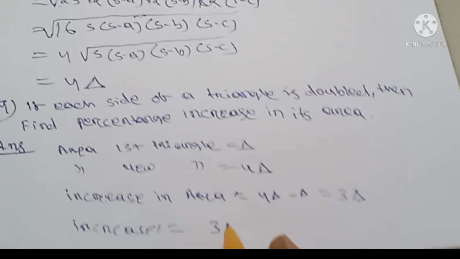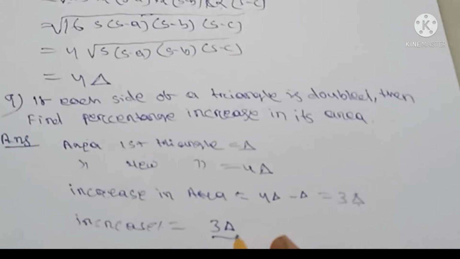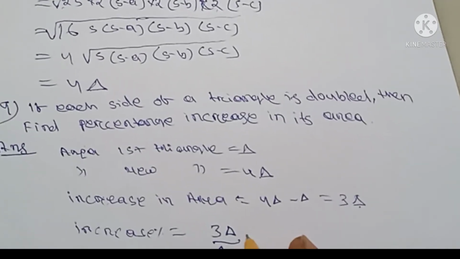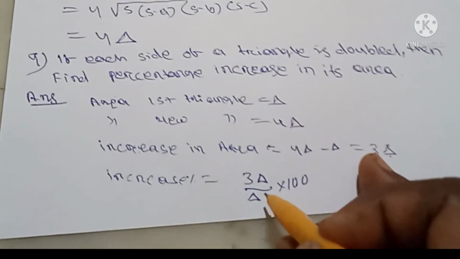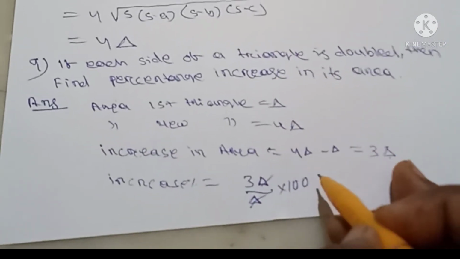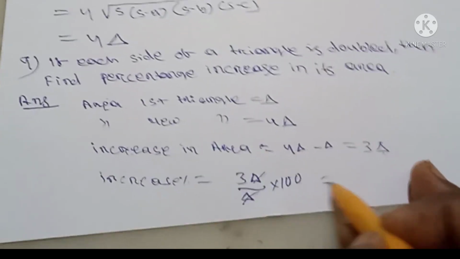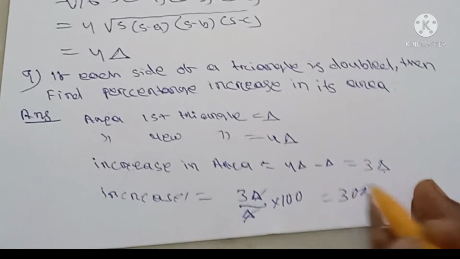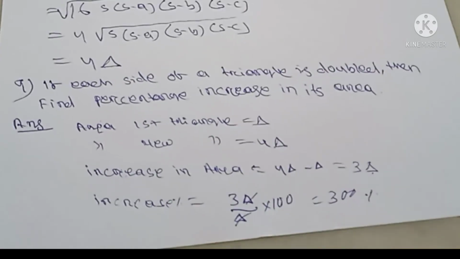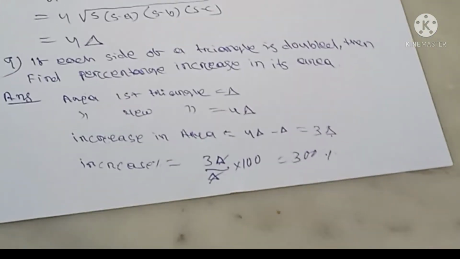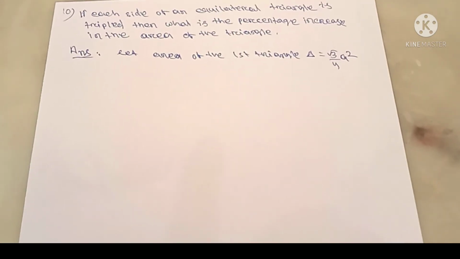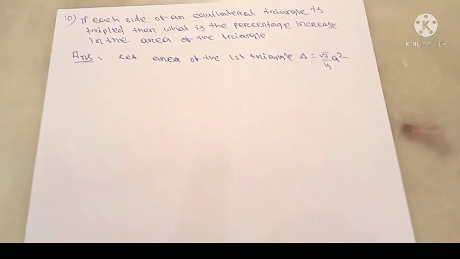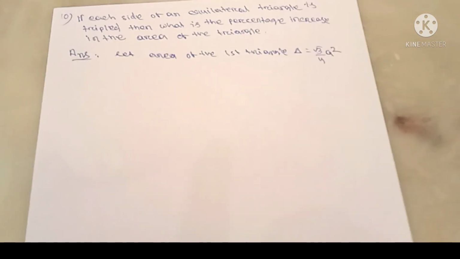Increment 3 delta by first area delta into 100. So delta delta cancel. So 3 into 100 equal to 300%. Finish. Number 10. If each side of an equilateral triangle is tripled, then what is the percentage increase in the area of the triangle?